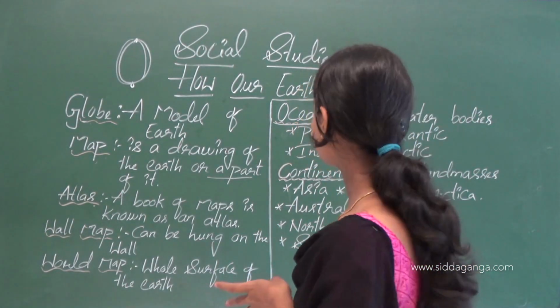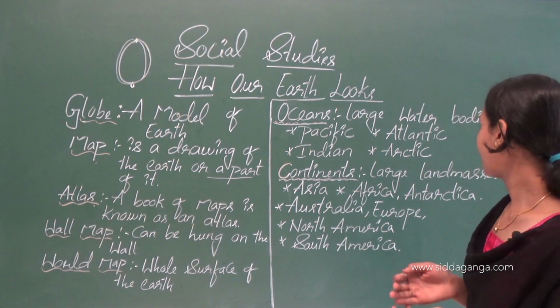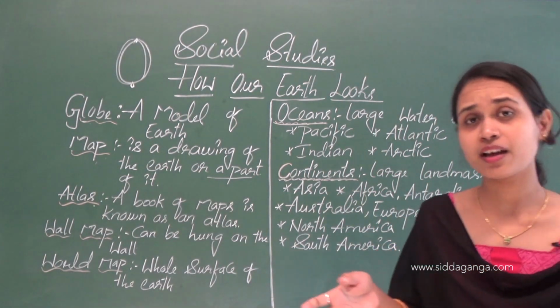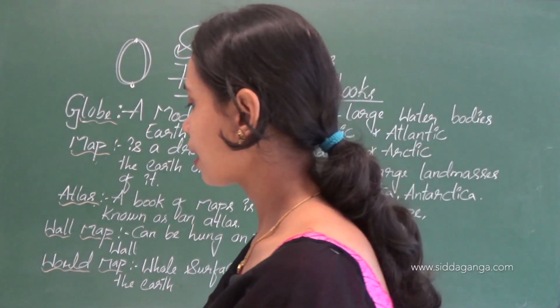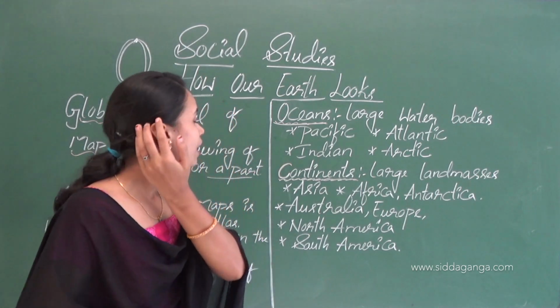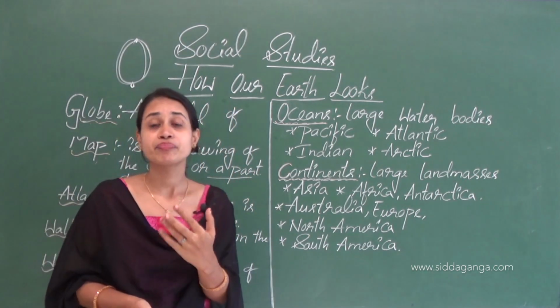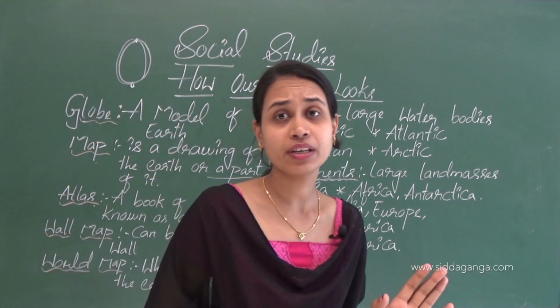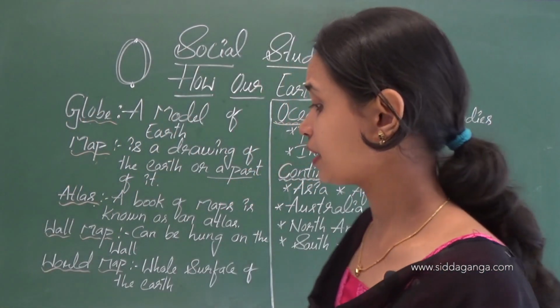Next one is continents. Continents are large land masses. So large land masses are called continents. There are 7 main continents. How many continents? 7 continents.